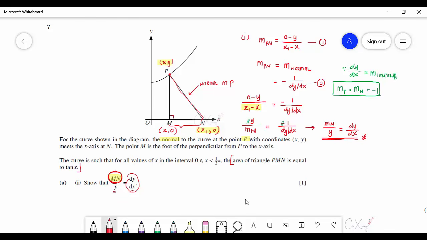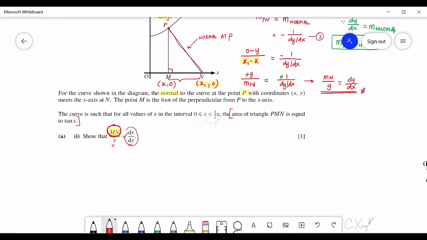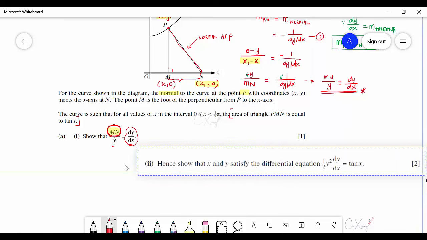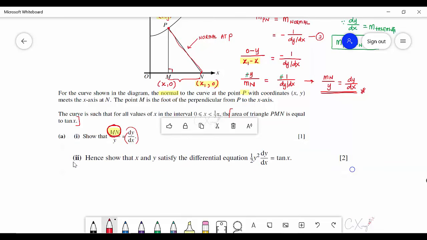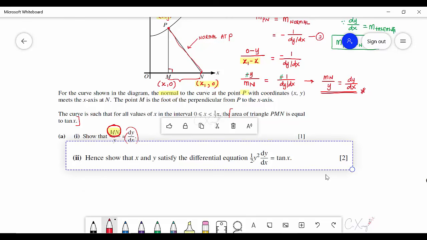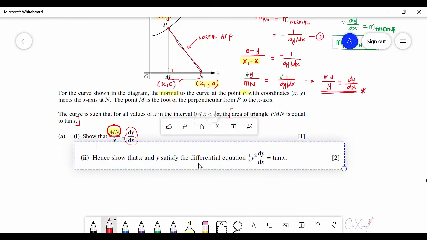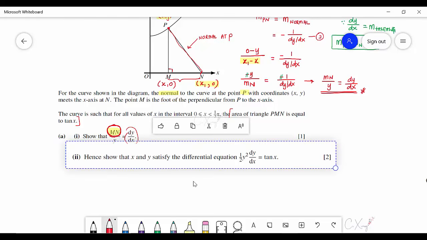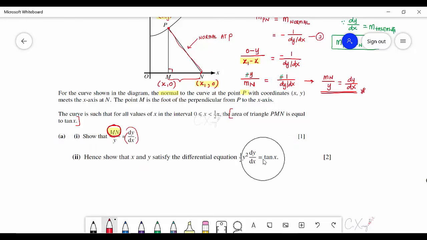Then now we continue to part number 2. Part number 2 is still about the proving part. You can see the word hence: hence show that x and y satisfy this differential equation. So now you have already used the very first information given in the paragraph.